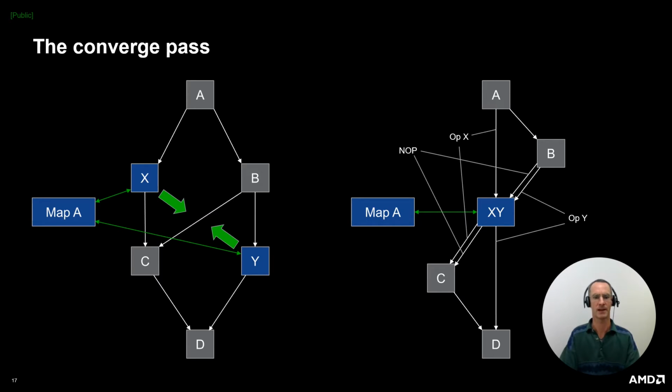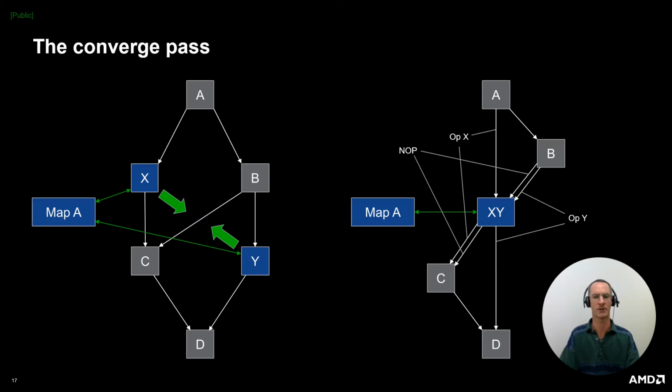One of the paths accesses the map at X, another one at Y, and the third doesn't access the map at all. Notice that none of the paths access the map more than once. The only path through X continues to C and D without passing through Y.